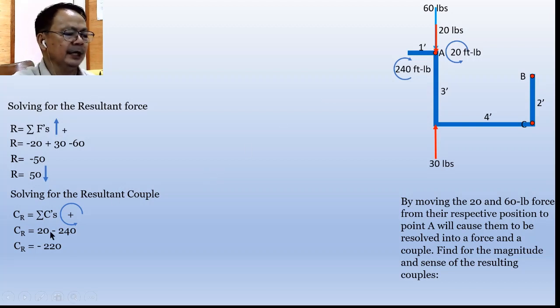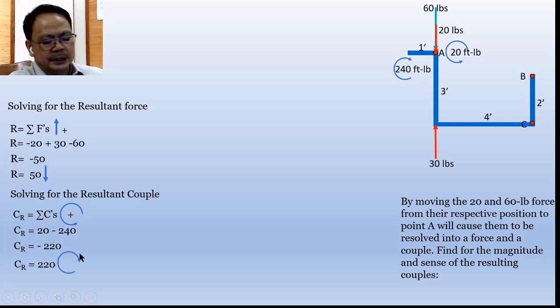I'll explain the meaning of this negative. The meaning of negative is that the direction of the resulting couple is opposite the convention that we have. Since our convention is counterclockwise as positive, it follows therefore that the resulting couple is 220 and opposite of that convention, and therefore it is clockwise in this direction.